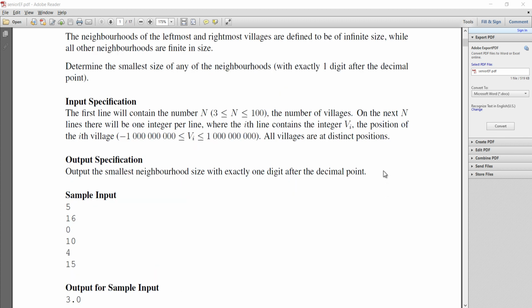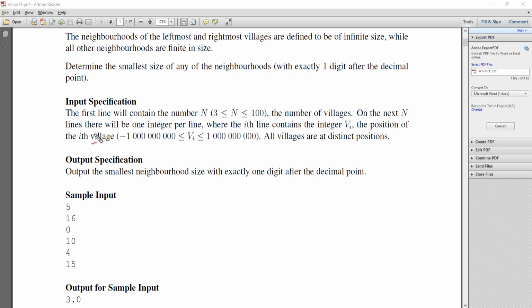Now let's see the input specification. The first line will contain the number of villages, and that is between 0 and 100.